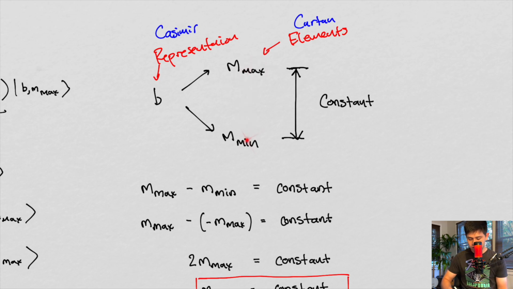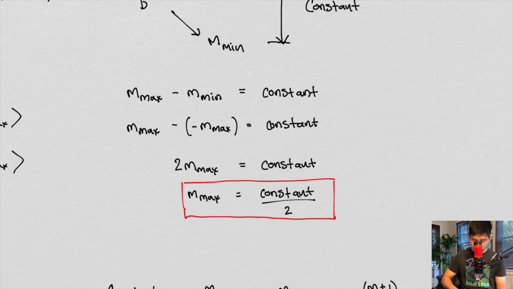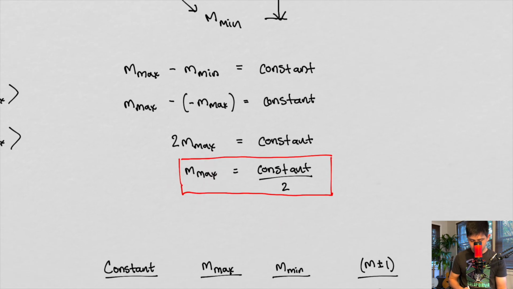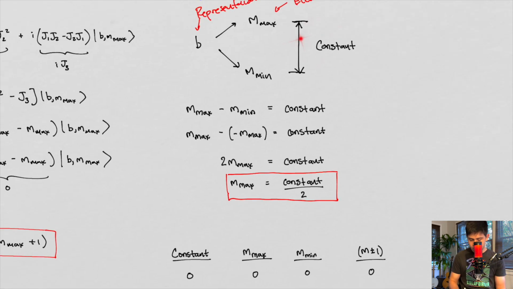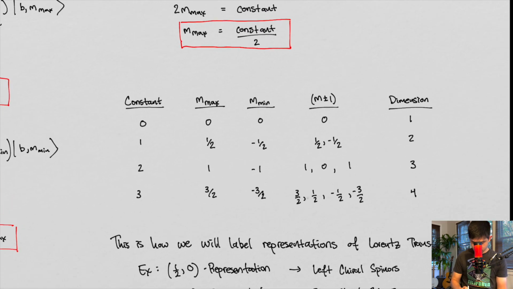So if we set the difference between these two to be a constant, we say m max minus m min is a constant. Well, if m min is the negative of m max, then 2 times m max is going to be the constant. Okay? Therefore, m max is the constant divided by 2. So if we set this constant equal to 0, say, then m max is just 0. If we set it equal to 1, though, it's going to be 1 divided by 2. It's going to be 1/2.